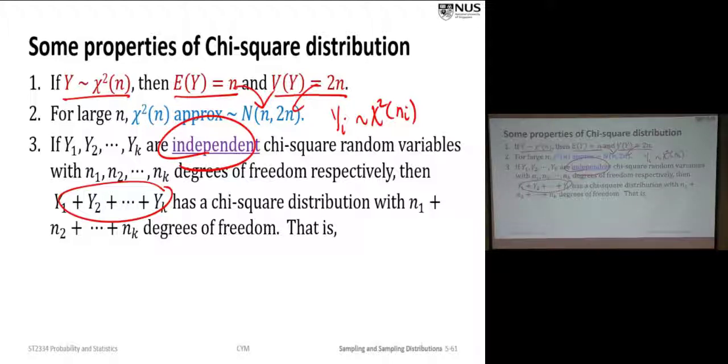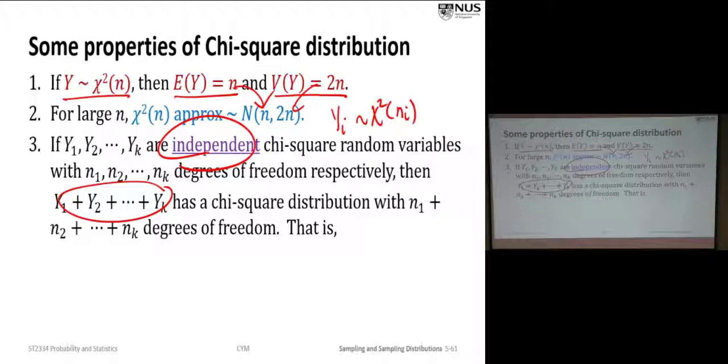So far, what other distribution has this property? Let's say if X1, X2 follow a certain distribution, then X1 plus X2 follows the same type of distribution. Do we have any besides chi-square? Normal, right? If X1 follows normal and X2 follows normal, then X1 plus X2 will follow normal.